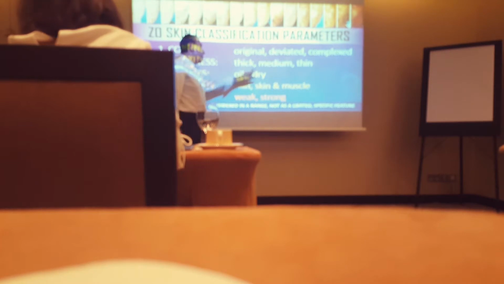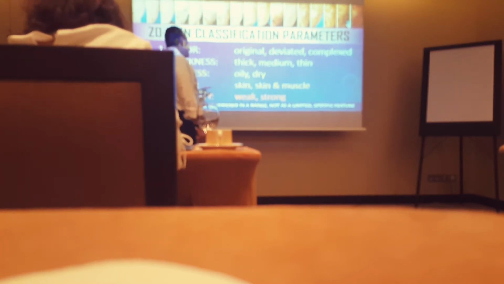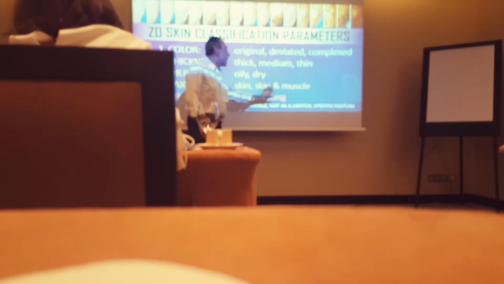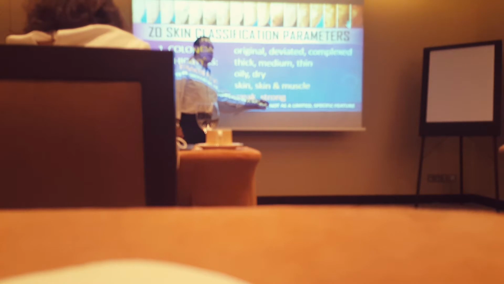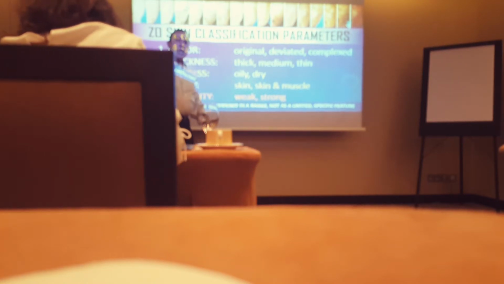Oiliness: oily, dry. Laxity: skin alone or skin and muscle. And fragility is weak versus strong. This will explain so many things to you and take away the mystery. You're going to say, now I understand.